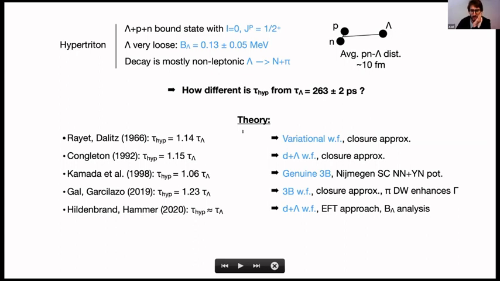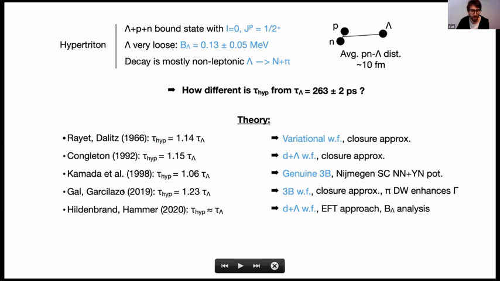Then, well, I'd say one main difference is how you approach the wave function, how you model it. So there have been different simplifications in that. Also in terms of the decay rate formula itself, Dalitz and colleagues introduced this closure approximation. Congleton picked up on this with a two-body wave function.